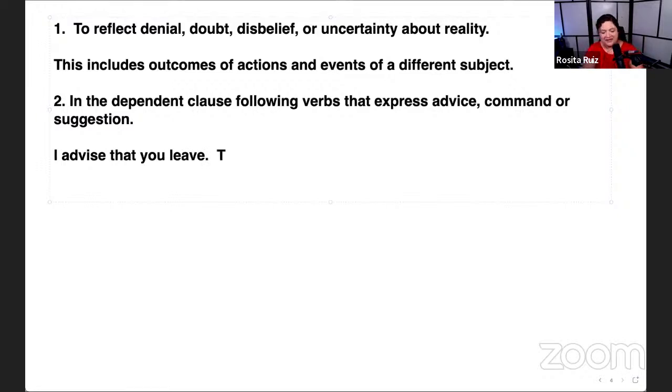Okay. Te aconsejo que salgas. Now, this has nothing to do with disbelief or uncertainty.